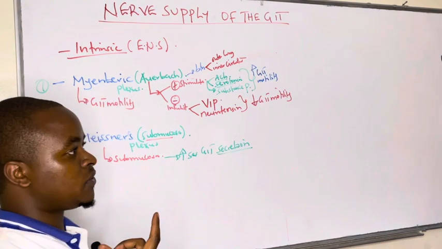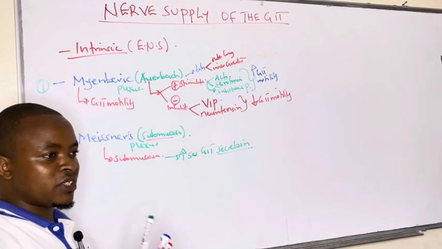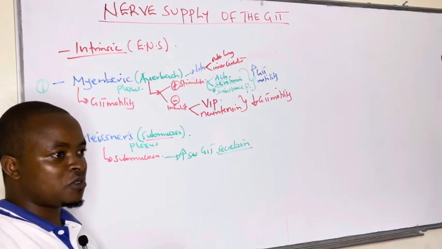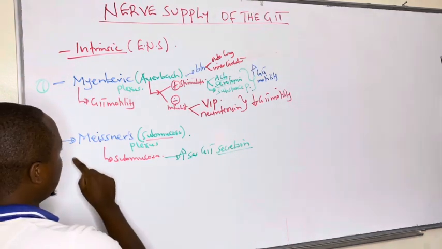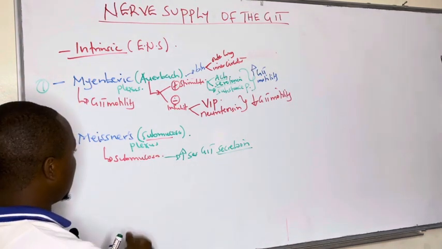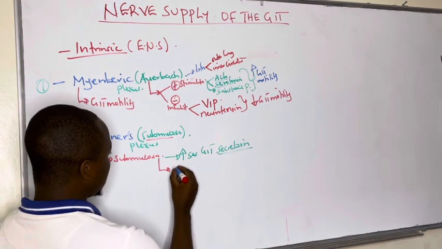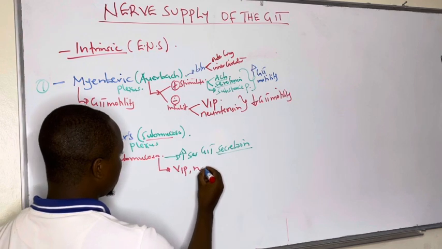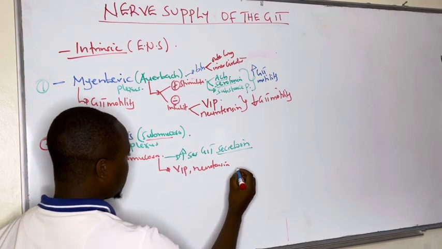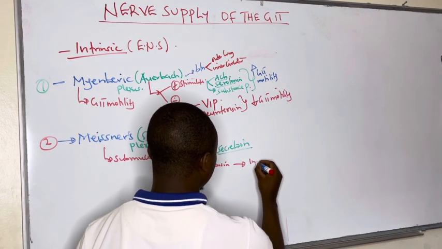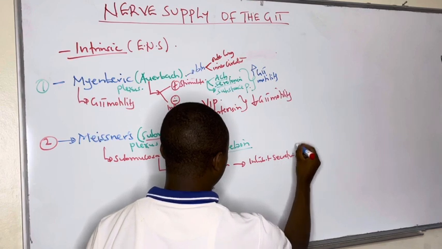And the same thing is whenever there is no presence of food, we are not thinking about food, we are not smelling food, we see this Meissner's plexus, or what we call submucosal, releases inhibitory substances like VIP and neurotensin. These are the ones that go and inhibit secretions of the GIT.